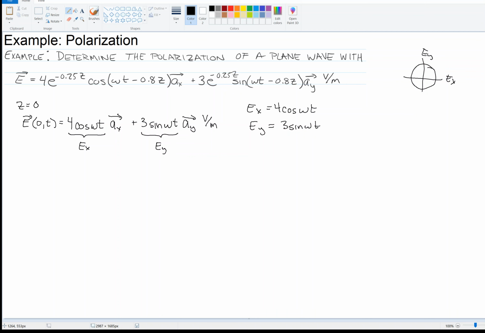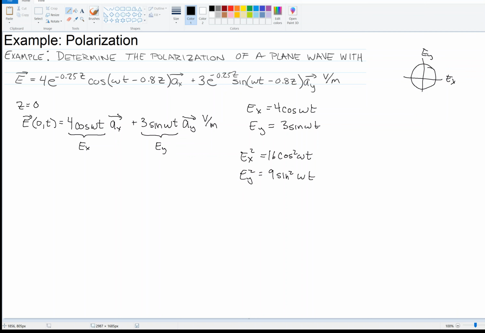So now the trick here, when you're dealing with circles and ellipses, is to square these things. So you'll see then that Ex squared is 16 cosine squared omega t, and Ey squared is 9 sine squared omega t.